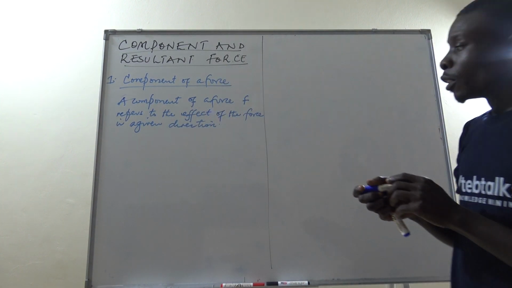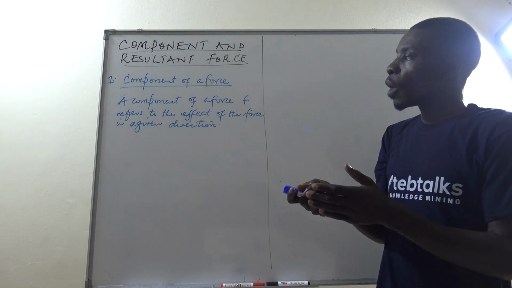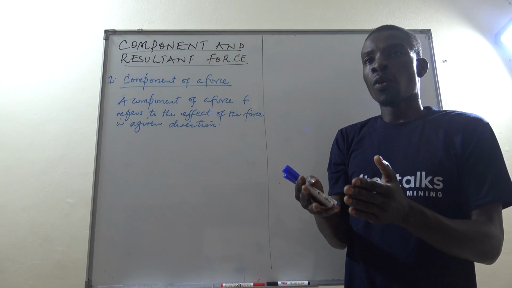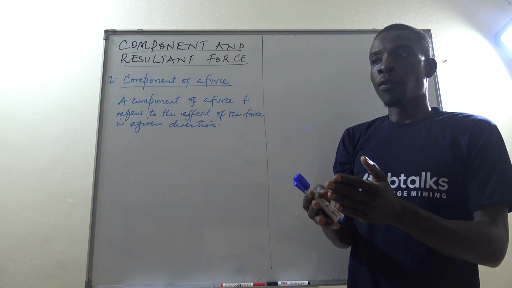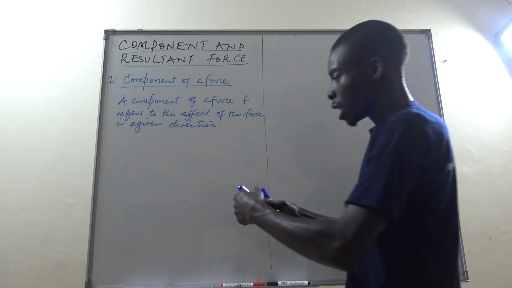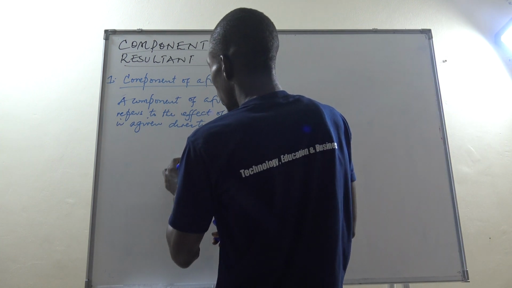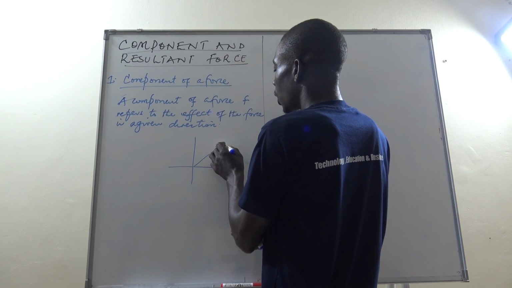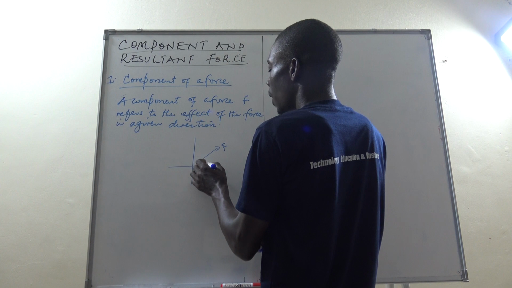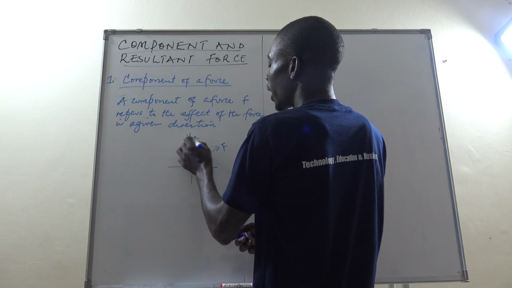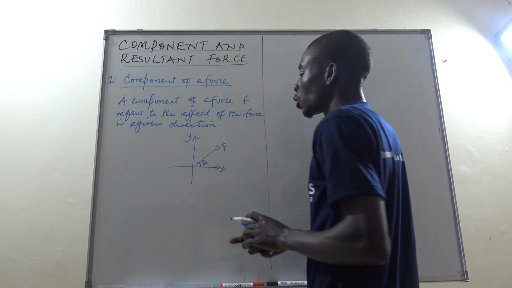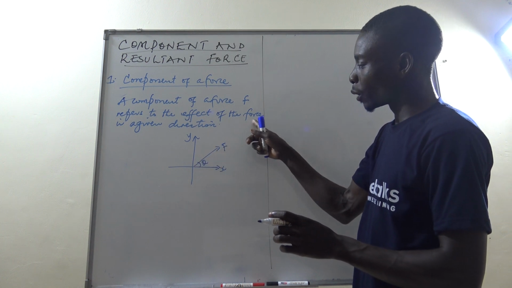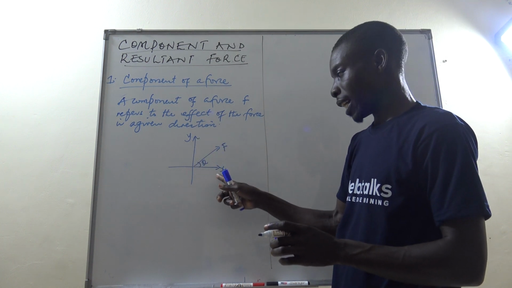Is that okay? An example that we shall be dealing with is if I have a force F at some angle here. This is in y direction, this is in the x direction. So this force is in this direction, not in y, not in x.